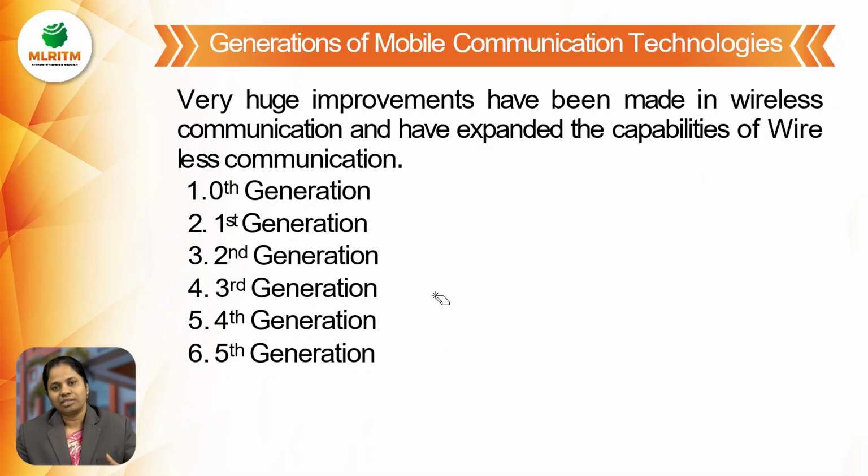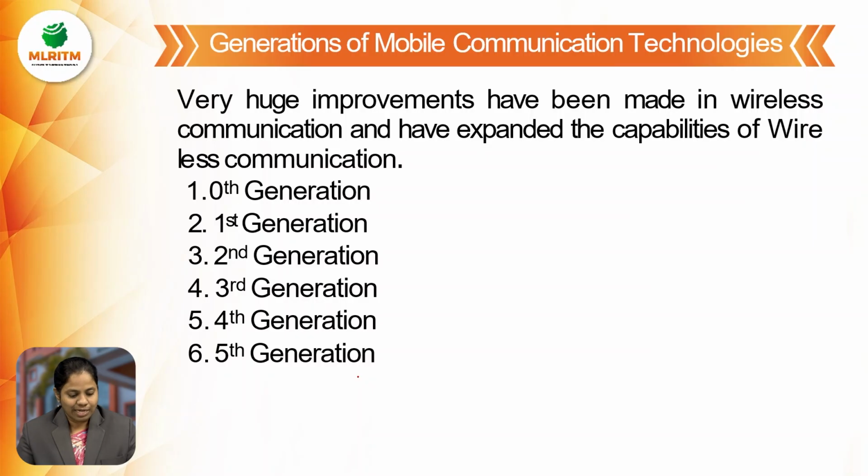As the generations improved, we could see lots of improvement in wireless technology. Altogether we have six generations: zeroth generation, first generation, second generation, third generation, fourth generation, and fifth generation.